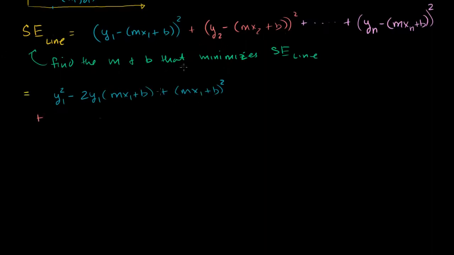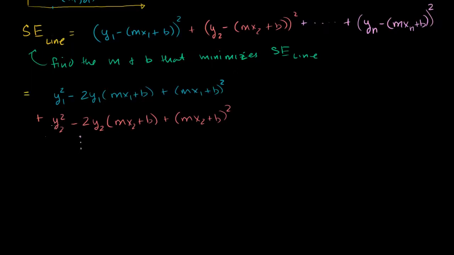This term squared is going to be y2 squared minus 2 times y2 times (mx2 plus b) plus (mx2 plus b) squared. Same exact thing, except now with x2 and y2 as opposed to x1 and y1. And we're just going to keep doing that n times.